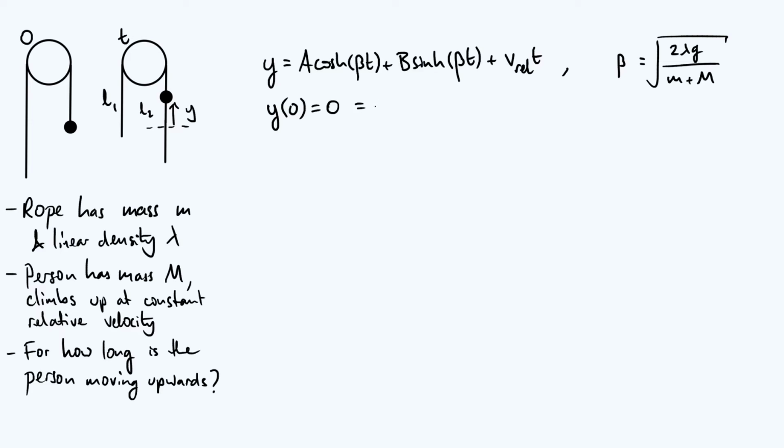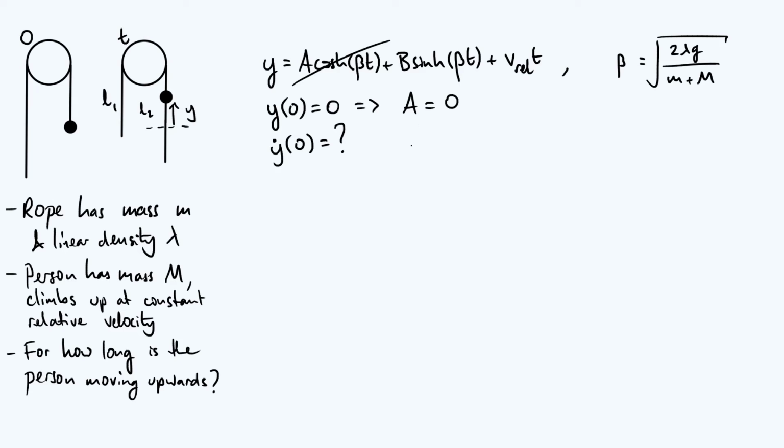If you plug that into your general solution on the line above, because hyperbolic cos of 0 is 1, and hyperbolic sine of 0 is 0, you'll simply find the coefficient a has to be 0. So the hyperbolic cos part disappears. We need a second initial condition, which is going to come from y dot of 0. However, at the moment, we don't know what that is, but we can work it out, or at least work it out in terms of this fixed constant parameter vrel.